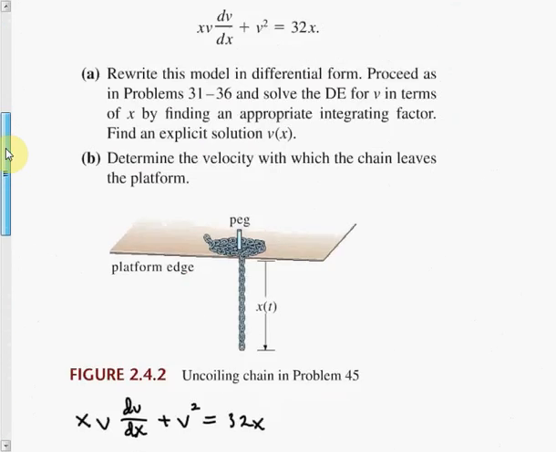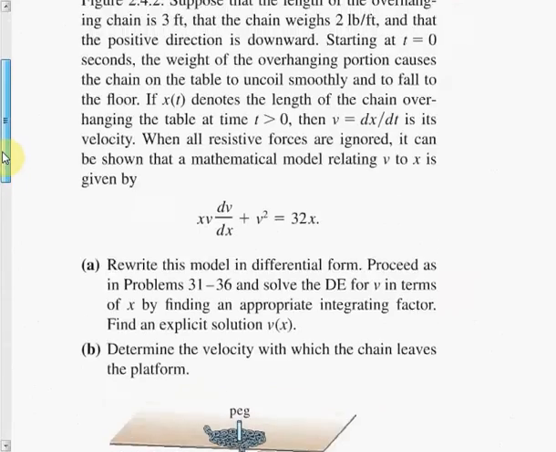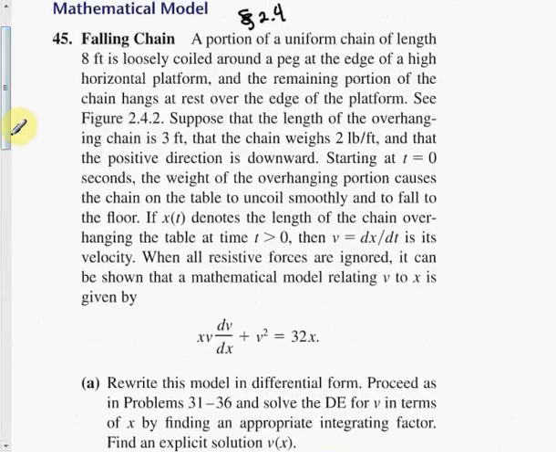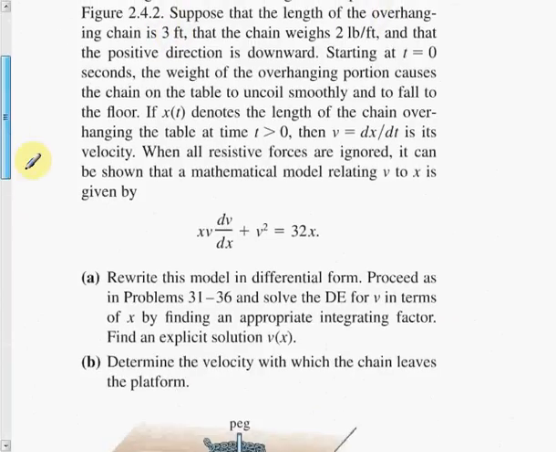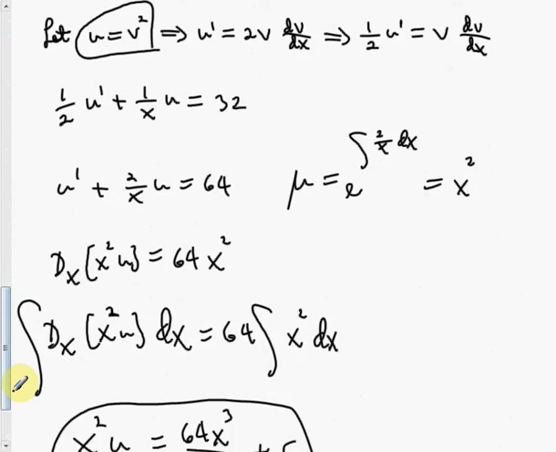And the only thing that you would need to be able to finish part A is initial conditions. Suppose that the length of the overhanging chain is 3 feet. So the initial condition is x of 0 is 3 feet. That's all you need to finish this problem, to get part A and part B, and my time is way past, and so I'm going to stop there.